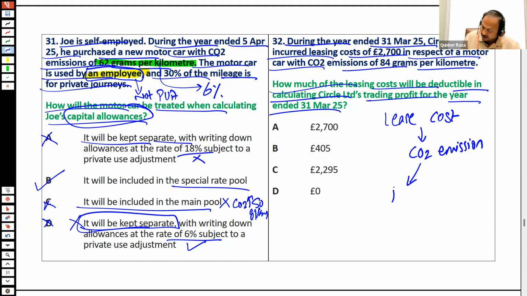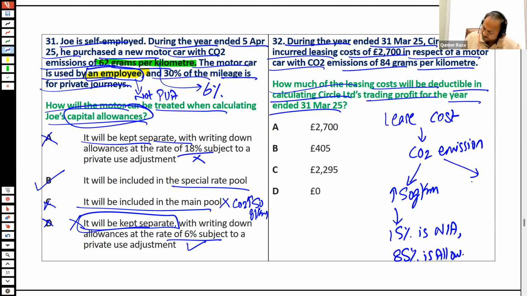If CO2 emission is more than 50 grams per kilometer, then 15% is disallowed. So that's the standard principle.